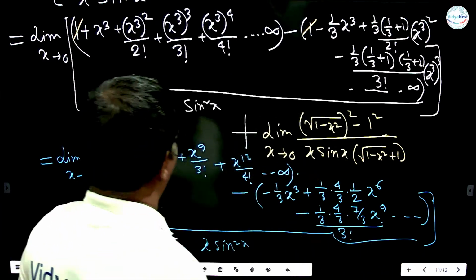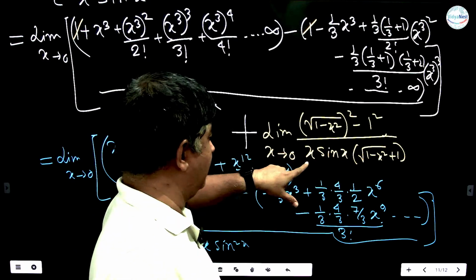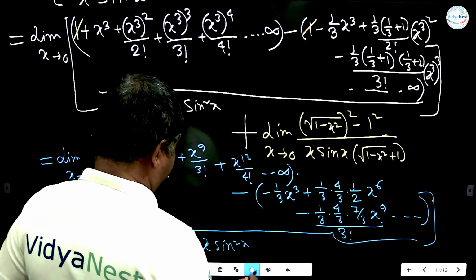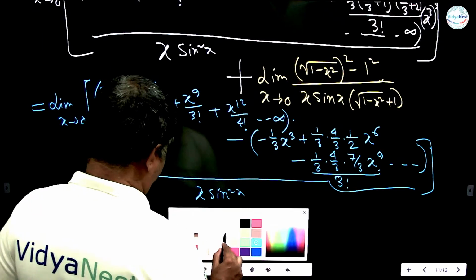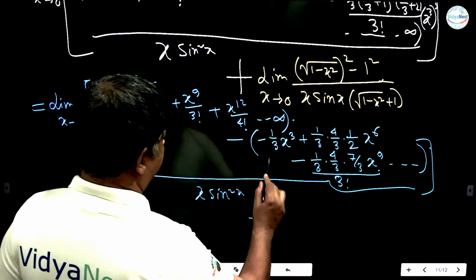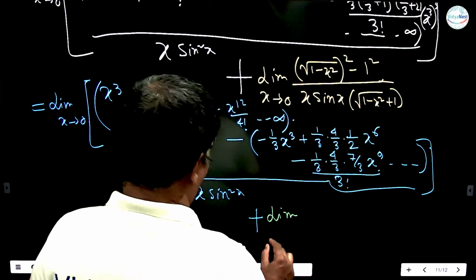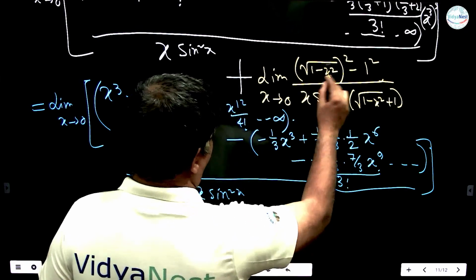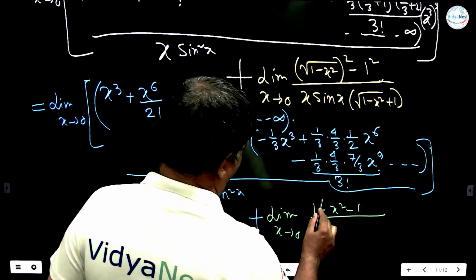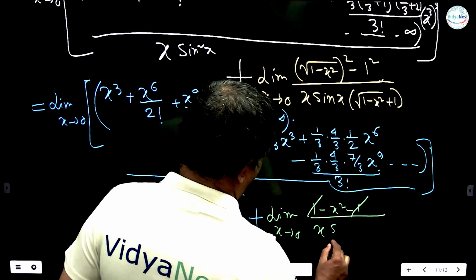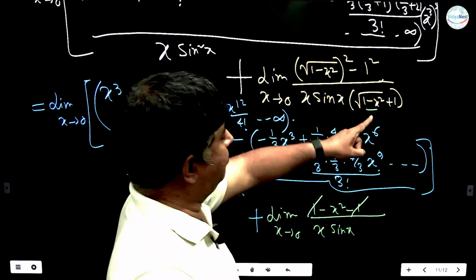Second part, much more simpler. You see, root will be removed, 1 will be cancelled, limit, root will be removed, 1 cancel, x sine x, and here if you wish you can put 0.